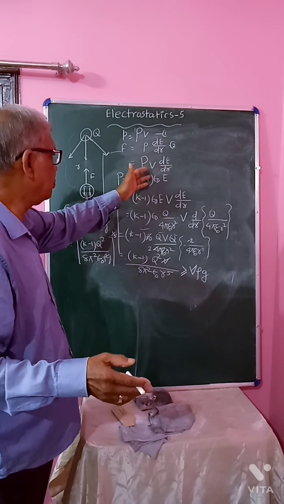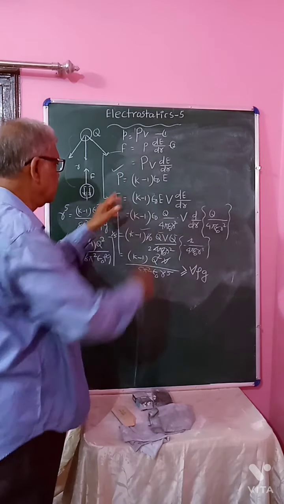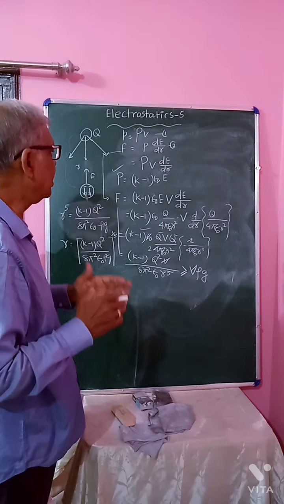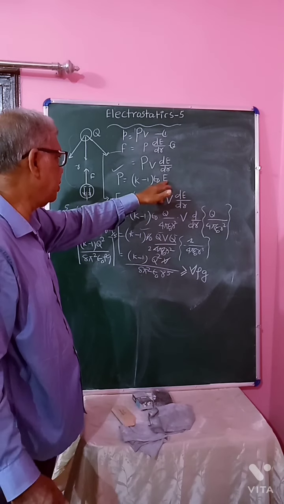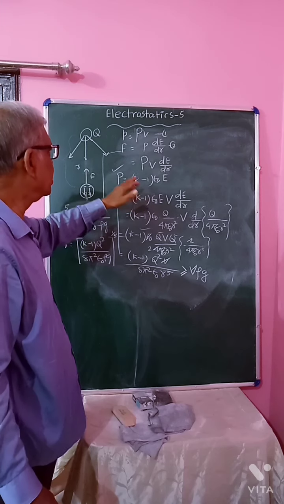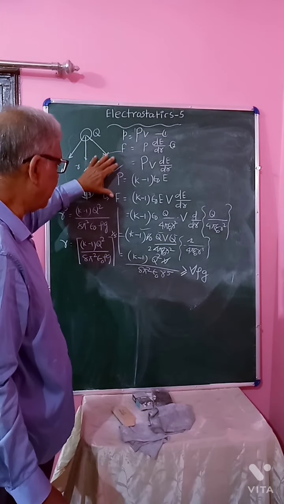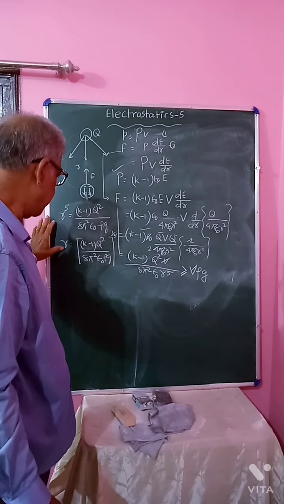So p equals P V, and this is a very important point, that the polarization vector relates to the intensity of electric field and the dielectric constant. Now, with these three working formulas, we can find out the expression for r.